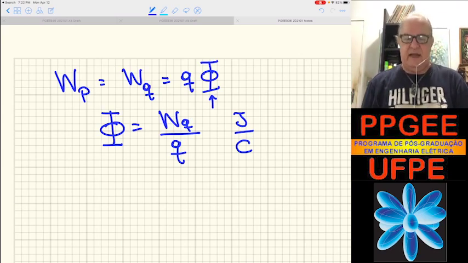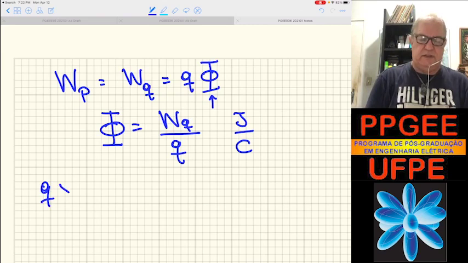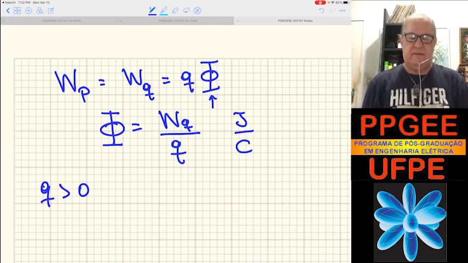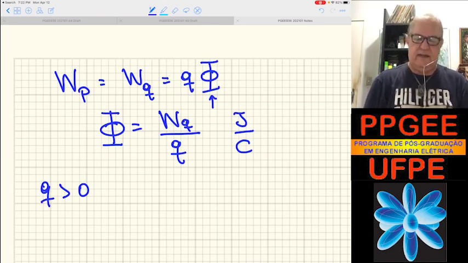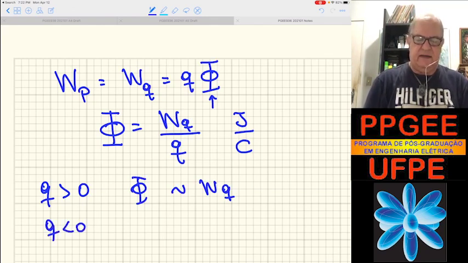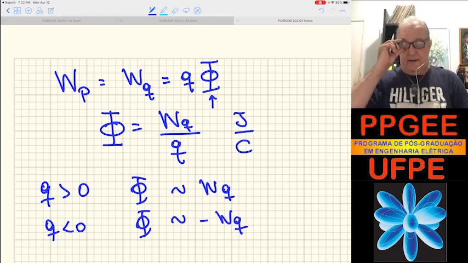Let's say if the charge is positive, the potential has the same sign as the energy. If the charge is negative, the potential has the opposite sign of the energy. Okay?